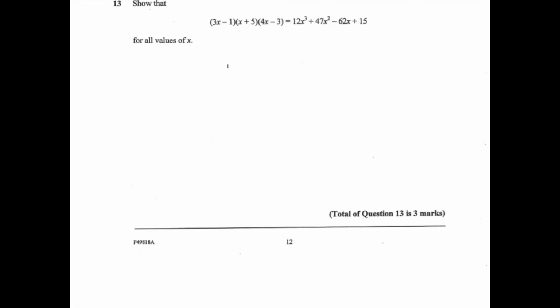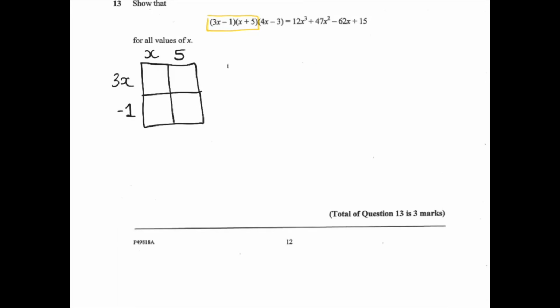So let's start by expanding it out, because that's what I know I can do, and I can do it really well. Start with these first 2. A nice 2x2 grid. And you've got 3x and a minus 1. And across the top, I'm going to put the x and the 5. Remind yourself you're multiplying.